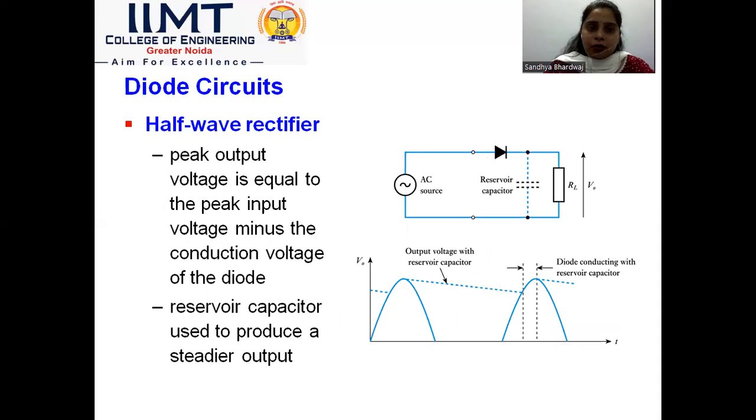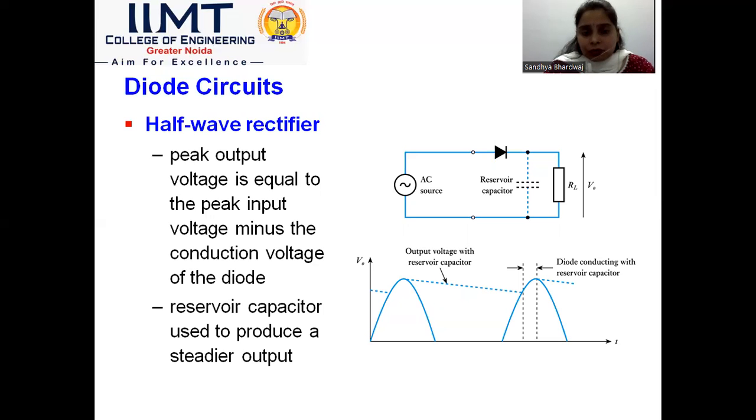Now, a diode circuit is the half wave rectifier. The half wave rectifier, as we talked about earlier, considers only the positive cycle. So the peak output voltage is equal to the peak input voltage minus the conduction voltage of the diode.